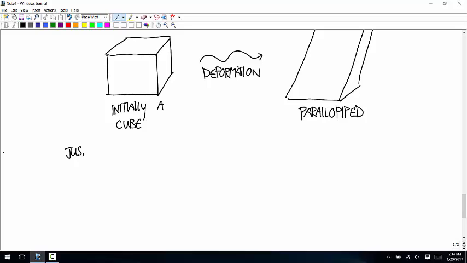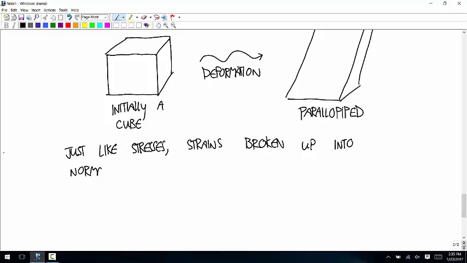And just like stresses, strains can be broken up into normal strains and, what's the second one?